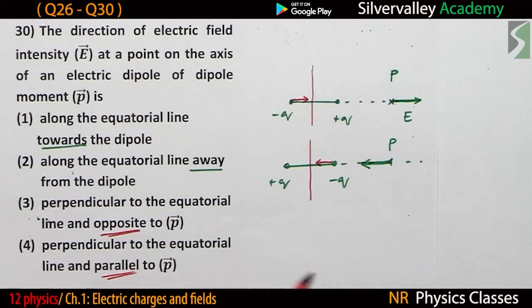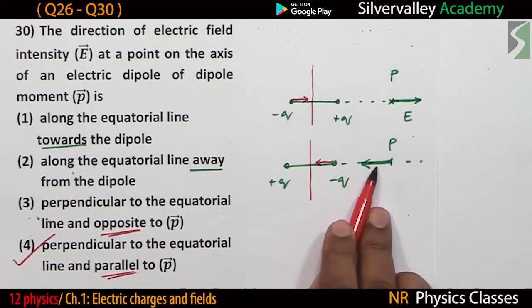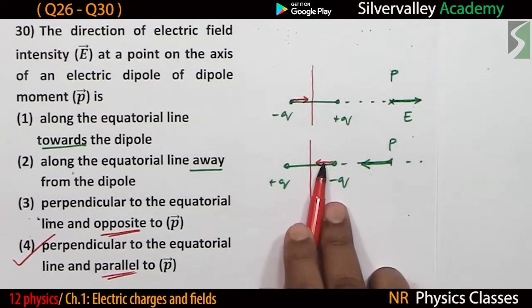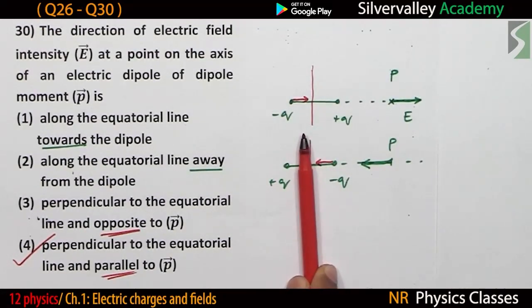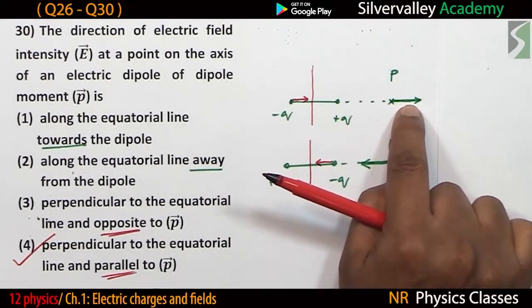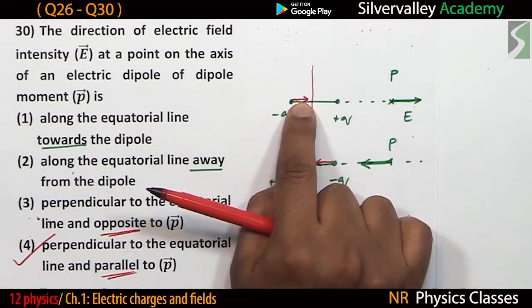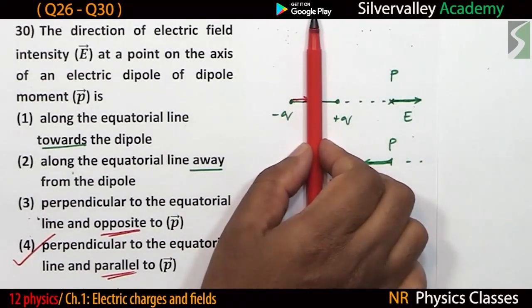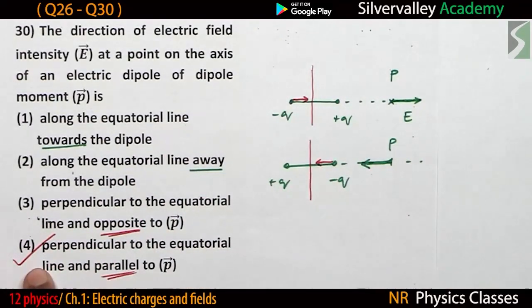Parallel can be towards or away. Therefore the fourth option is appropriate. See, this is parallel to the dipole moment and perpendicular to the equatorial line. In this case also, the electric field is parallel to the dipole moment and perpendicular to the equatorial line. Fourth.